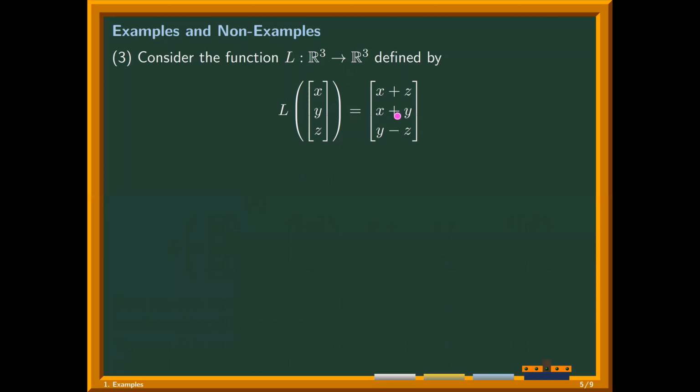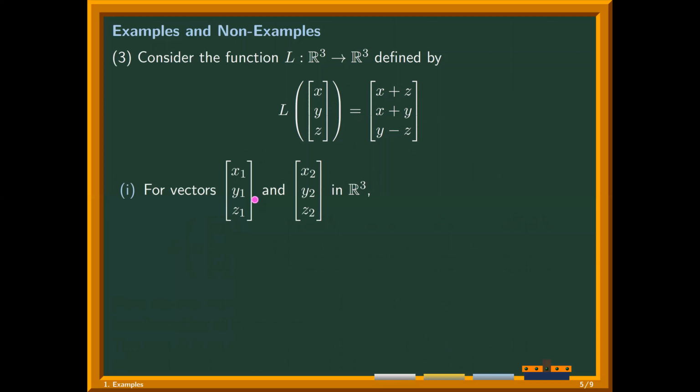The second component is obtained by taking the sum of the first and second components. And the third component is the difference of the third component from the second component. Is this a linear transformation? So we check if the two conditions are satisfied.